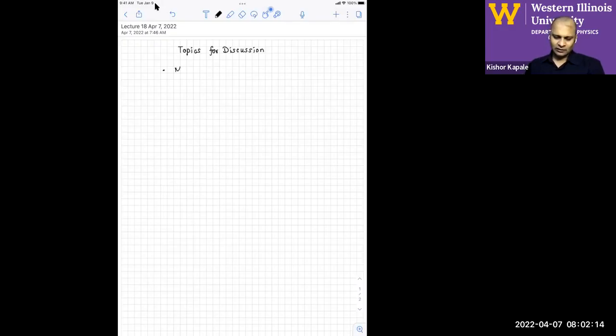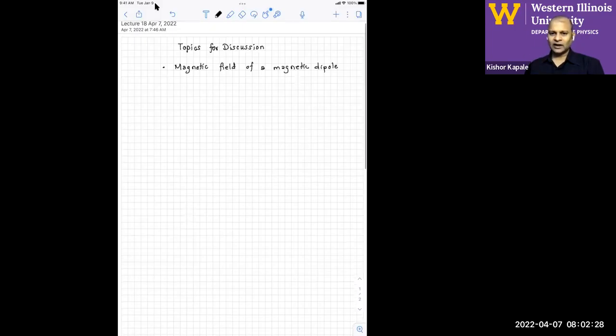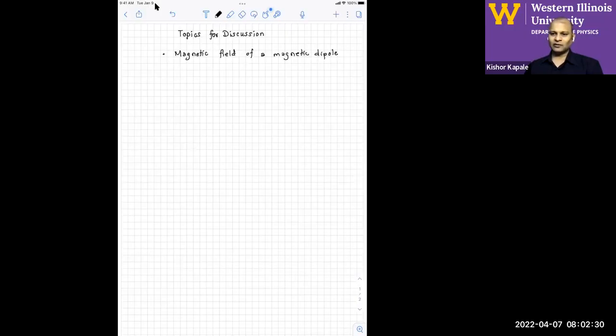So we need to now calculate the magnetic field of a magnetic dipole. And then we will compare it with the electric field from an electric dipole, which we know, and we used Mathematica for plotting it. And then we will move on to spherical mathematics.